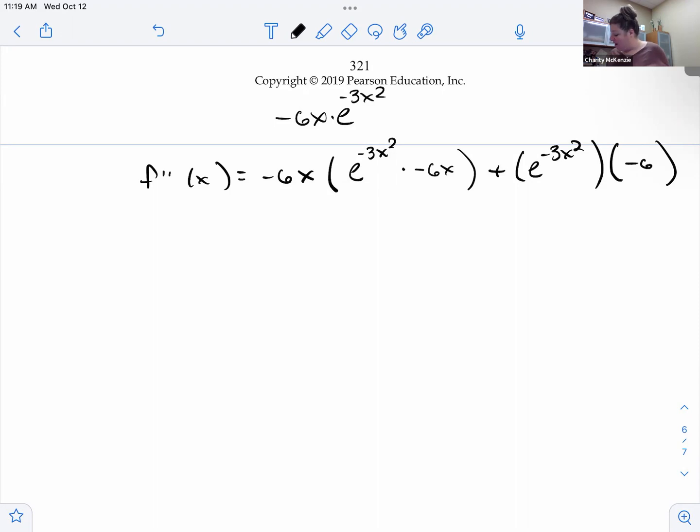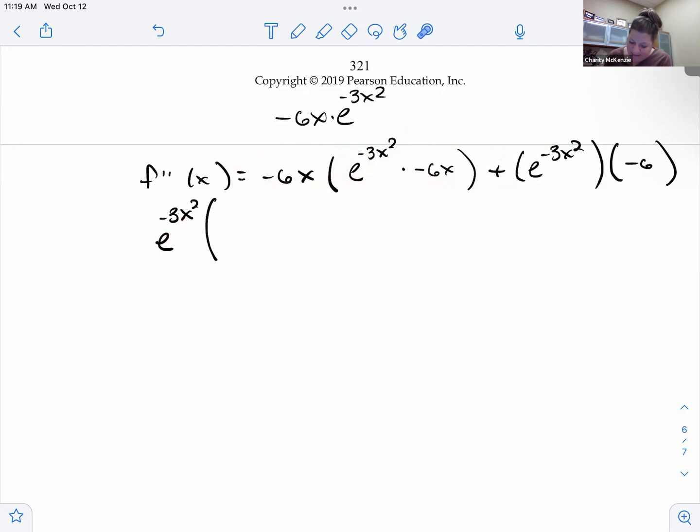Now, for setting this equal to 0, I can't keep the e terms in there because we'll have to factor that out because they can't equal 0. So I'm going to write e to the negative 3x squared here, parenthesis. What do I have left? This term, these are all times, and there's our plus. So this term is going out front.